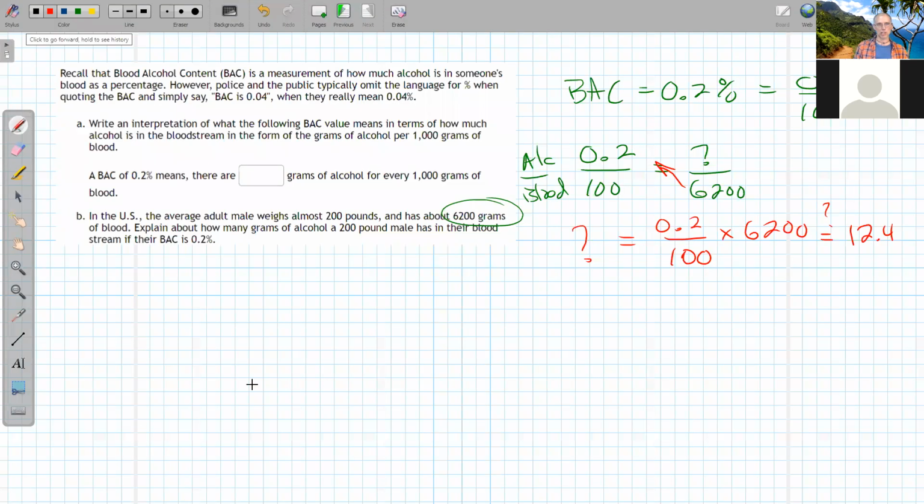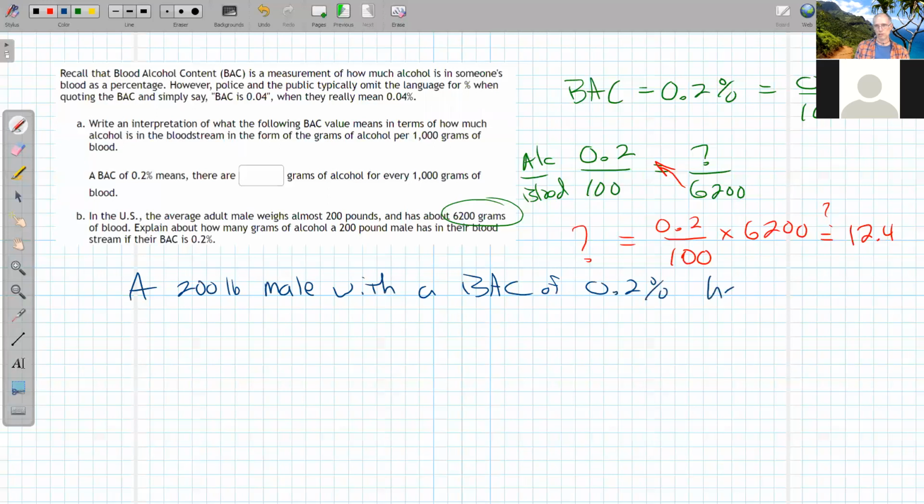What would my sentence look like? I would say something like, a 200-pound male with a BAC of 0.2% has about 12.4 grams of alcohol in their blood.